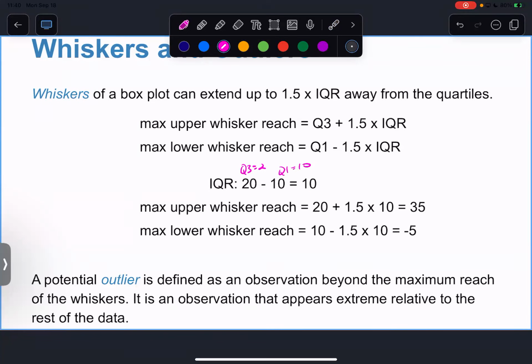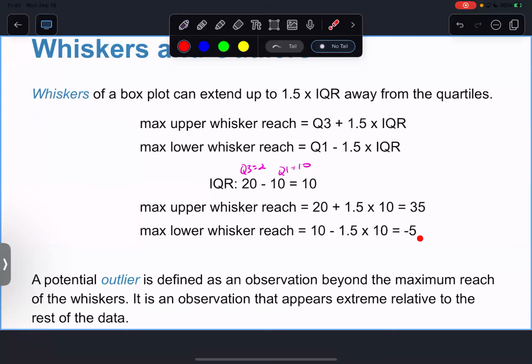Then the range between them is 10, a distance of 10. So what we're saying is that the max upper whisker reach is allowed to be from 20. I'm allowed to go 1.5 times 10, puts me at 35. The lower whisker reach, 10, but now I have to go down 1.5 times the interquartile range. So down 15 puts me at -5.